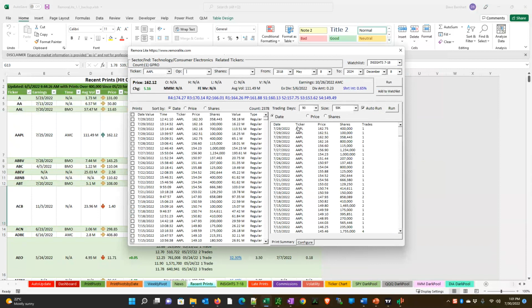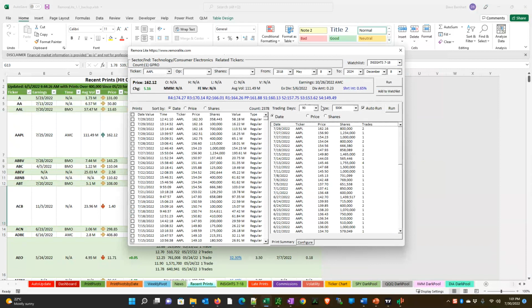The only difference is that we can say how many trading days you want to go back and what share size you want. Apple has so many prints all the time. Let's say we only want to see things that are greater than 500,000. Now if I choose run, it'll just update this section.